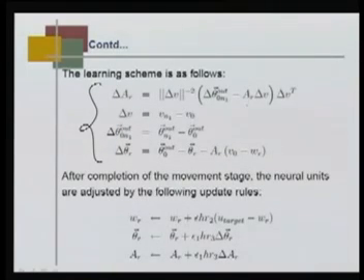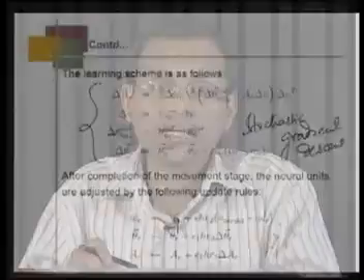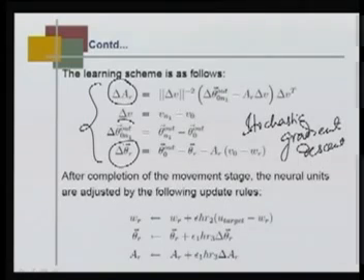This is the learning scheme, which has been derived by stochastic gradient descent, that minimizes the error between the target point and the end point. So, this is how I learn the Jacobian matrix, how I learn my theta r.